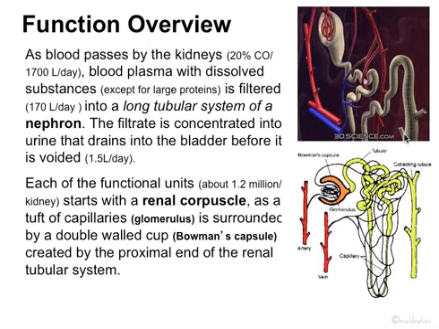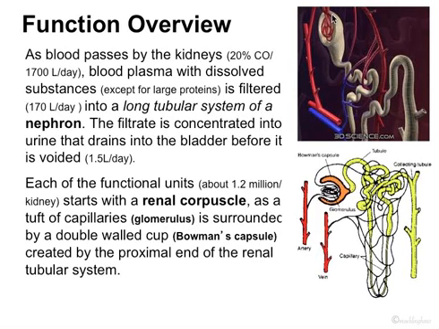Each of the functional units in a kidney starts with a renal capsule, and that's this area right here. The renal capsule is a tuft of capillaries, which we can also call the glomerulus. That's this right here, these capillaries that are in here. Then it's surrounded by a double-walled cup, and that's this wider looking structure.